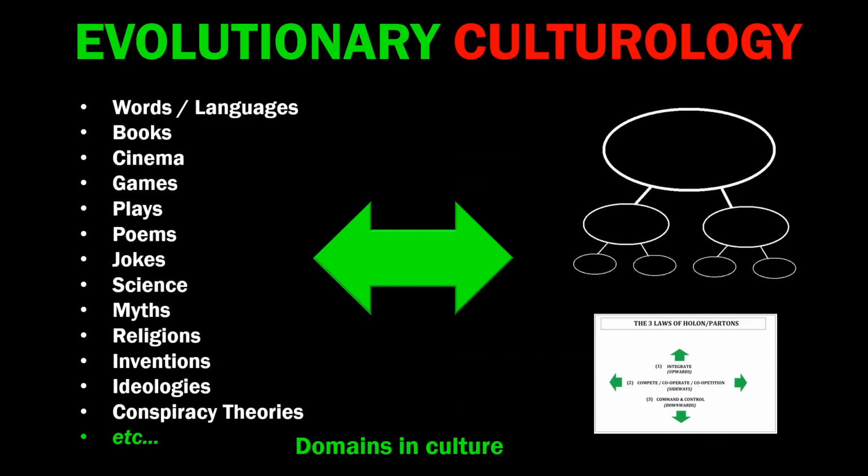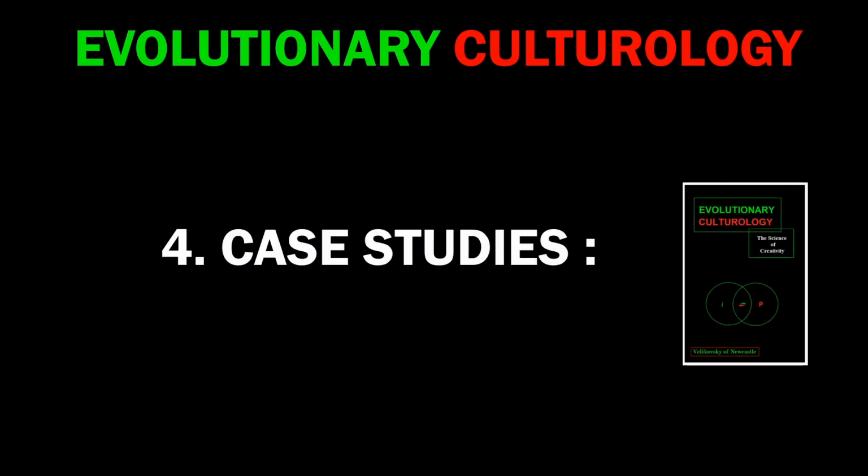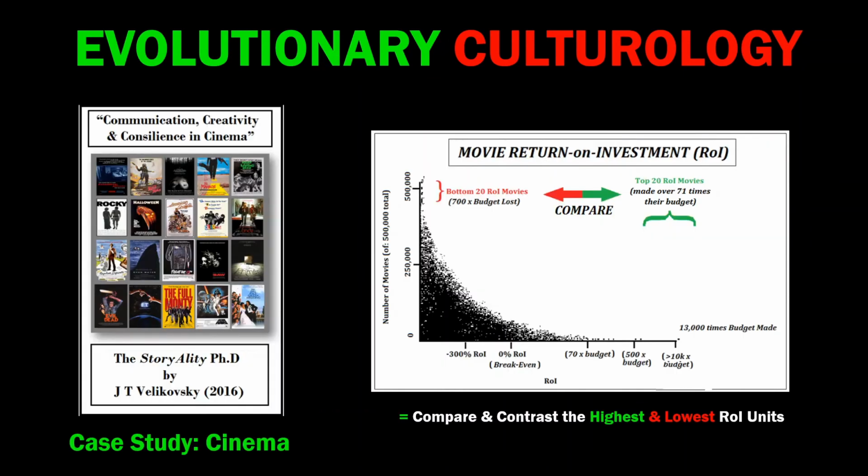Noticing how they evolve. In terms of case studies, there's one that's in the book, including the domain of cinema, where in my PhD, which was an Ev Cult study, comparing and contrasting the highest and lowest return on investment movies, so the most profitable versus the least profitable units, and comparing the characteristics across 30 different dimensions.